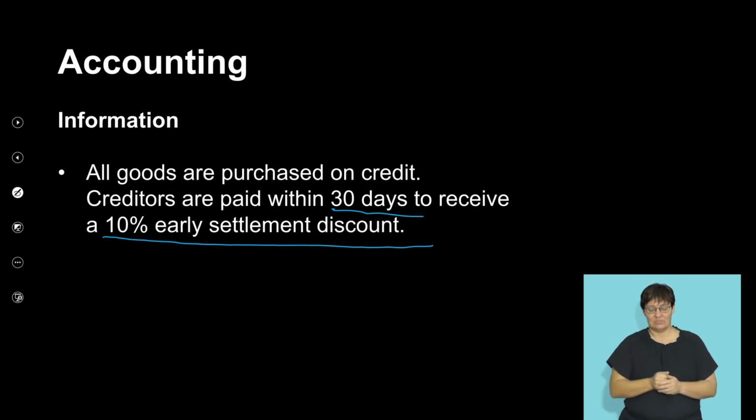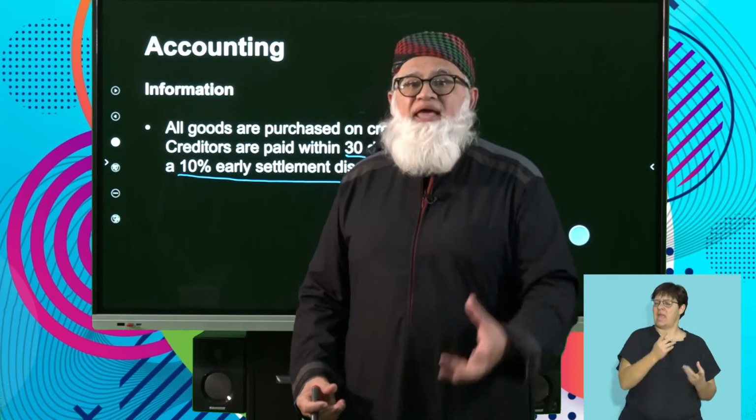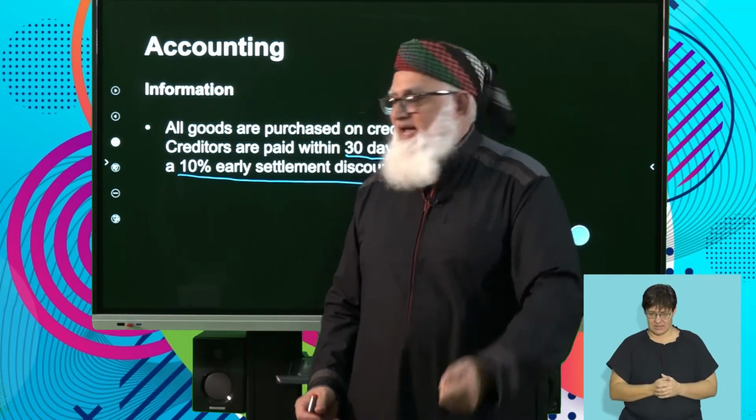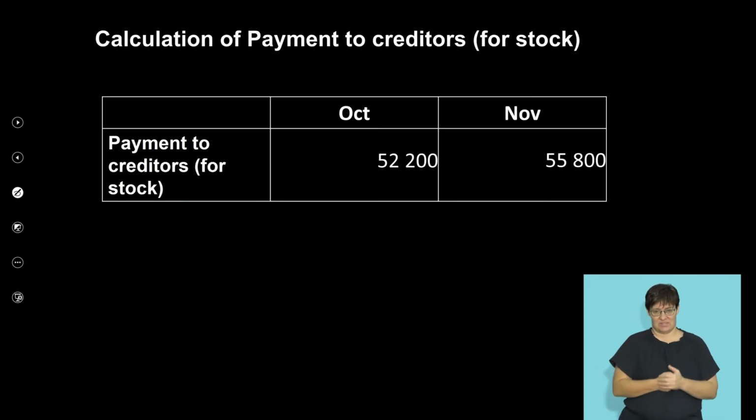So in this particular question, they want to know how much you are going to be paying your creditors. Step number 1, determine your credit purchases. But in this particular example, all the goods are purchased on credit, so your entire purchases amount is a credit purchases.